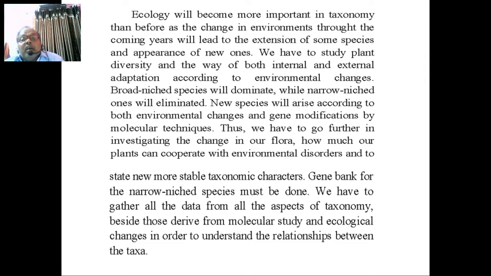Ecology will become more important in taxonomy than before, as the changes in environment through the coming years will lead to the extinction of some species and the appearance of new taxa. Broad niche species will dominate while narrow niche ones will be eliminated.